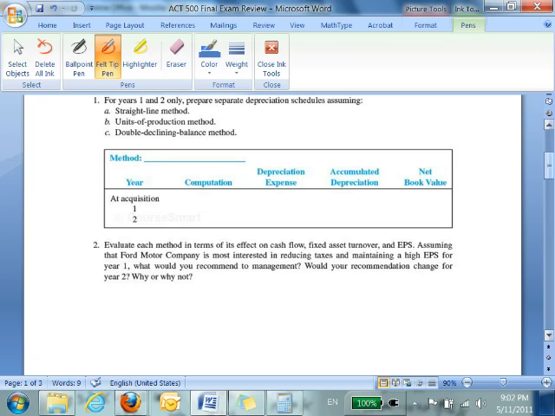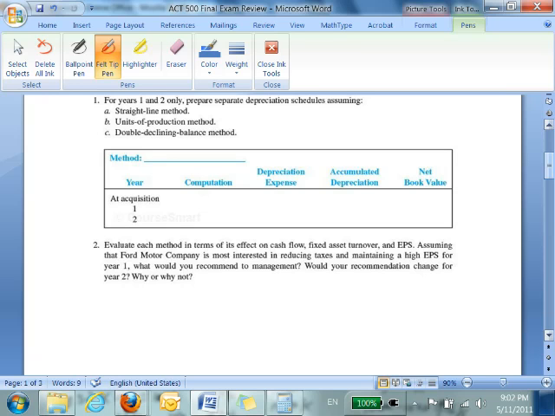For cash flow, which method gives us the best cash flow? I mean cash inflow. I would say that's the double declining method, which is the most favorable method for cash flows. Why? The double declining method can generate high tax deductions at an early stage, because it generates high depreciation expense.